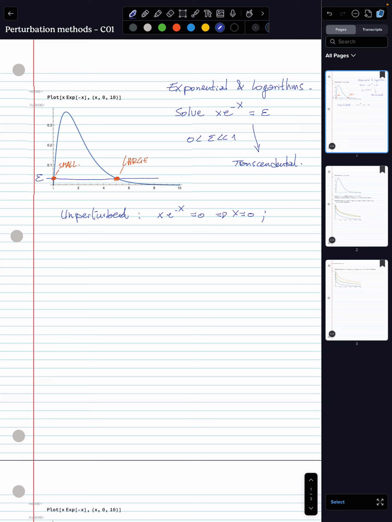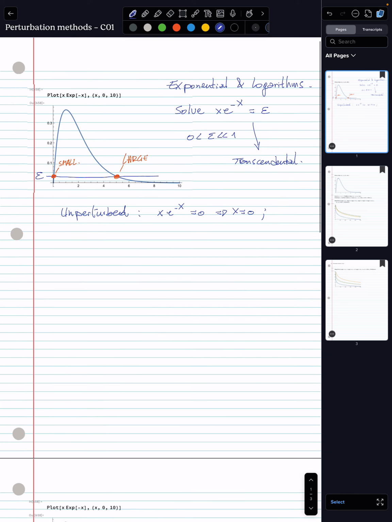Either x is equal to 0 or the exponential is equal to 0, but this actually doesn't work too much, but we see that the second root actually is coming from plus infinity. So we have a root here. We can qualify this as a regular root, and the other one is going to be a singular root.